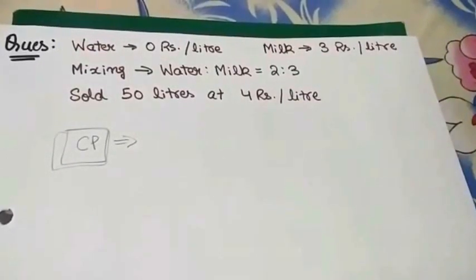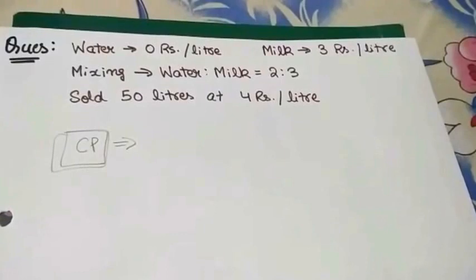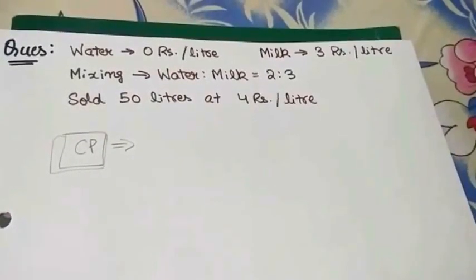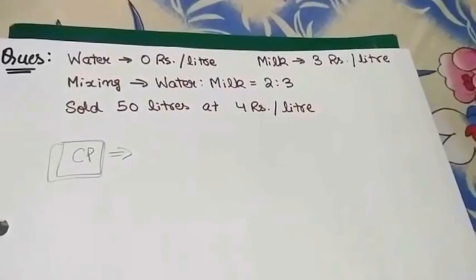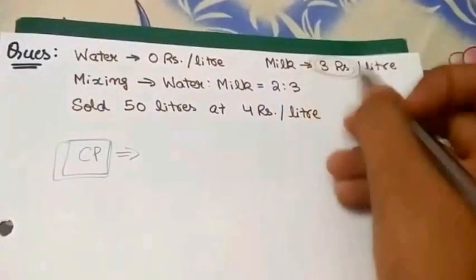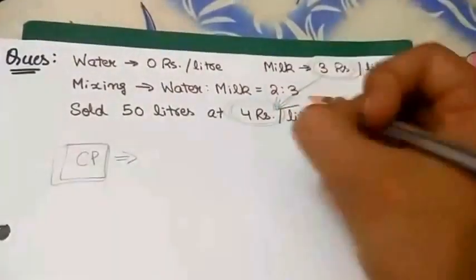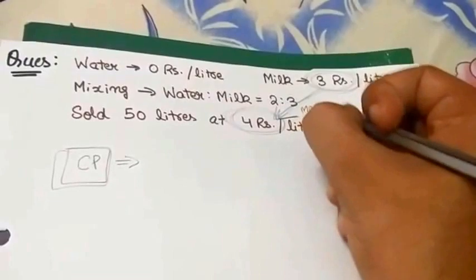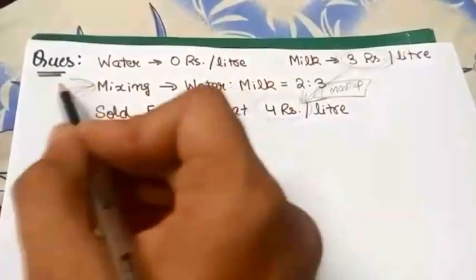See, in simplicity, you can see that the milk costed 3 rupees per liter. And if you even ignore the fraud right here, that there's no mixing, and if we can understand that from 3 rupees to 4 rupees, this right here is the markup, and his profit percentage would increase even more because of this fraud right here.